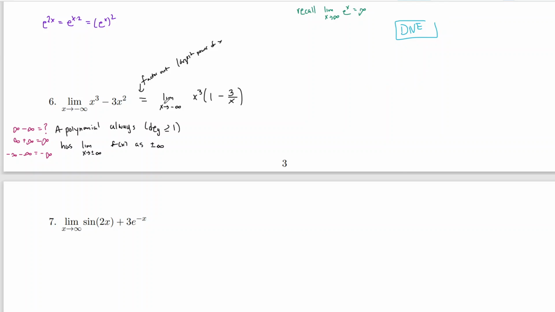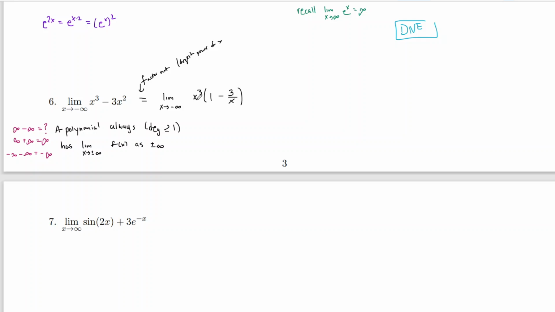All right, but why is this helpful? This is helpful because while we don't have a limit rule for something like this in general, we do have our limit rules, our new ones from above, if we have x to a power, just a number, or something over x.